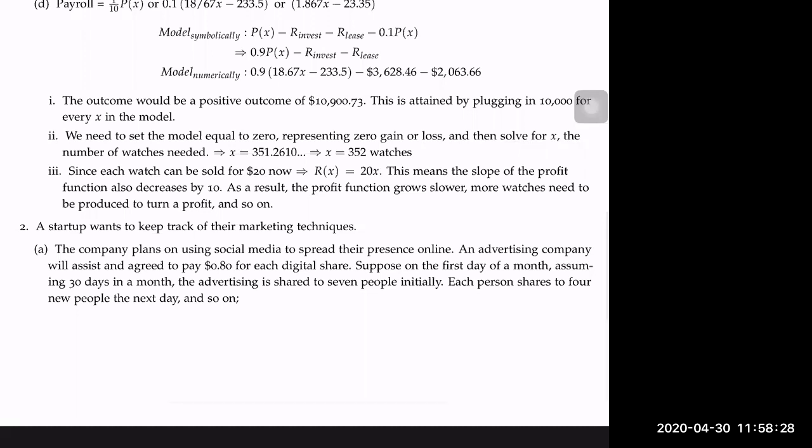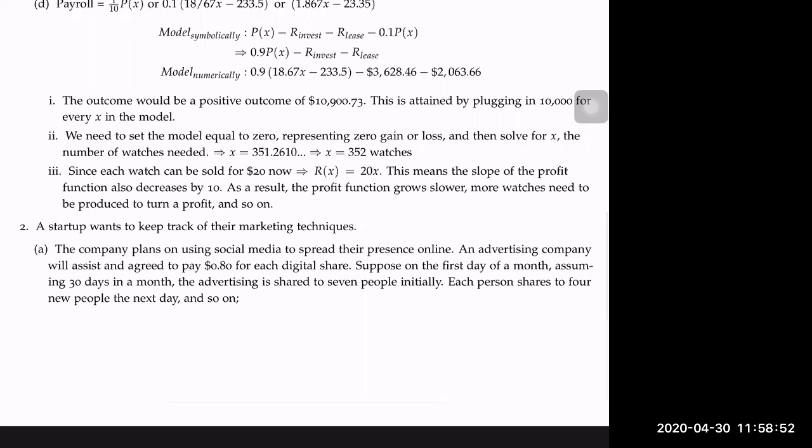Assuming 30 days in a month, that's just to help you understand. Advertising is shared to 7 people, and then the shares go to 4 new people the next day, and so on and so forth. What are the 3 numbers here? 30, 0.80, and 7.